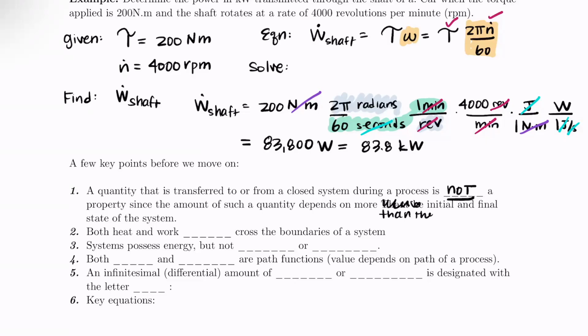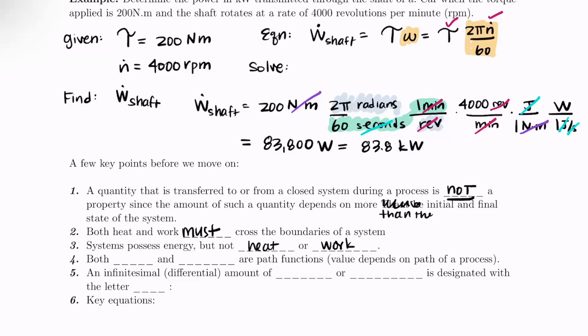Both heat and work must cross the boundaries of the system. Systems possess energy, but not heat or work. It's kind of a different way to state the previous statement on number 2.